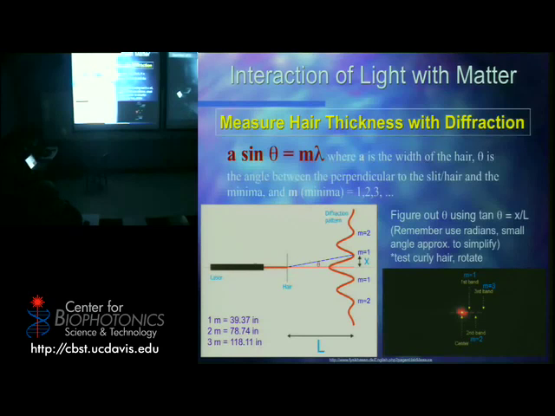I'm trying to see this in there. You said green with 530, and then red was 60. That's a good one.